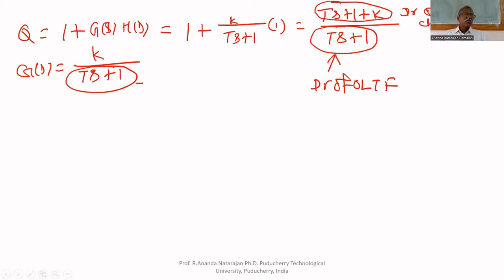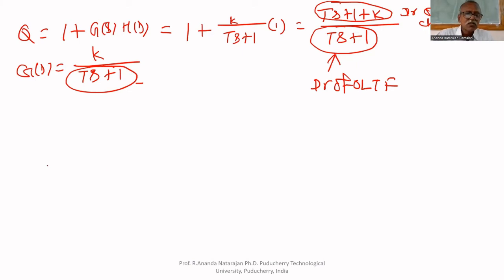Characteristic polynomial. So for a closed loop system to be stable, the roots of the characteristic polynomial should not be on the right hand side. That is, the roots of the denominator of the closed loop transfer function should not be on the right hand side, or the numerator of Q of S should not have any roots on the right hand side.